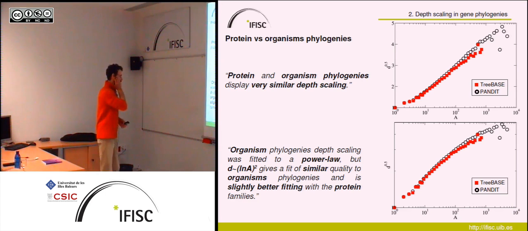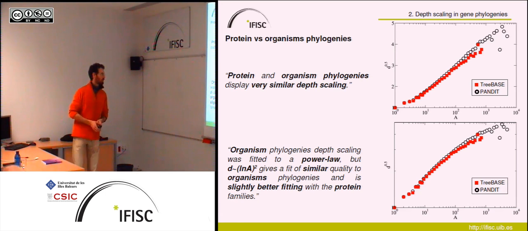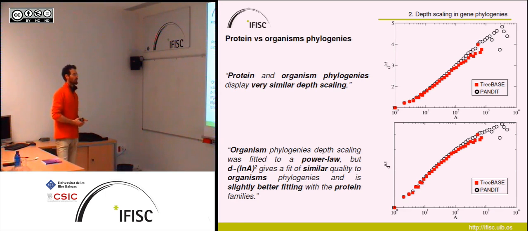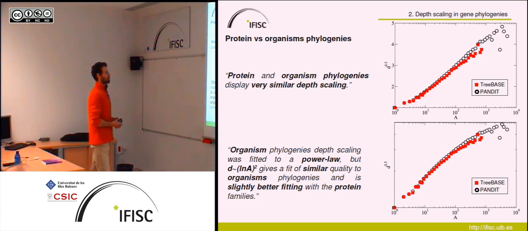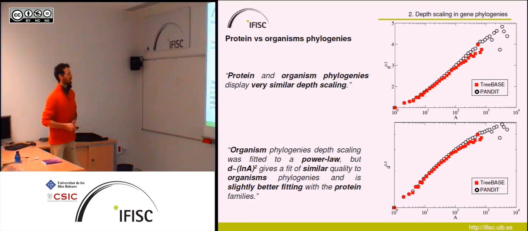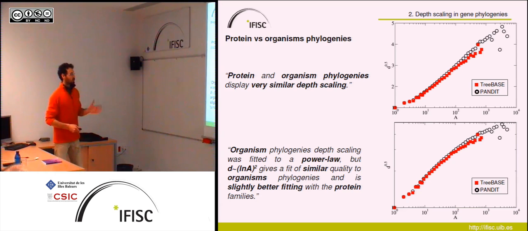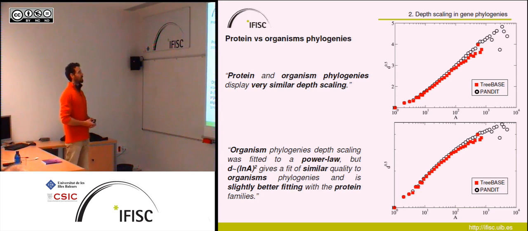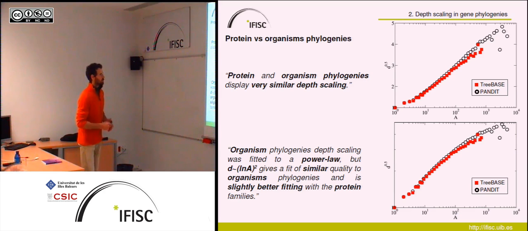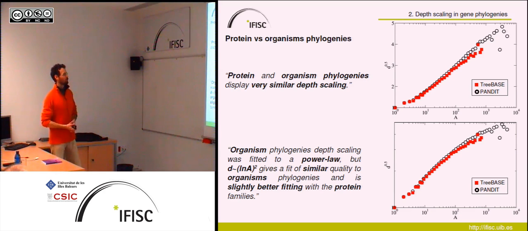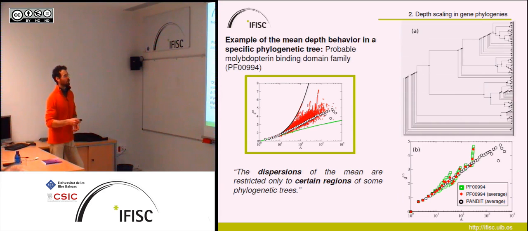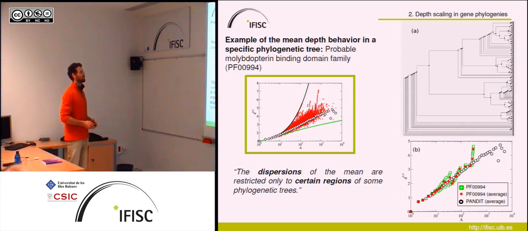Taking into account the result of the previous section, where organism phylogenies were fitted to a power law, here we proposed a square logarithmic fitting for the protein phylogenies. What we observe is that the square logarithmic scaling offers a similar fit for organism phylogenetic trees, while a power law scaling is not so good for protein families, and a square logarithmic scaling is better for protein families.